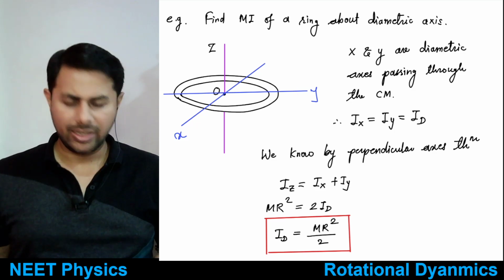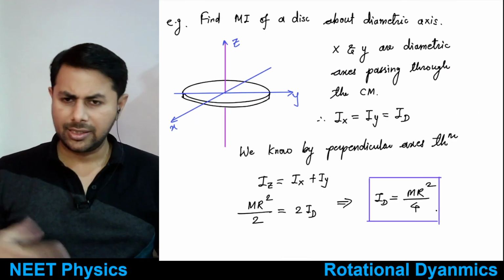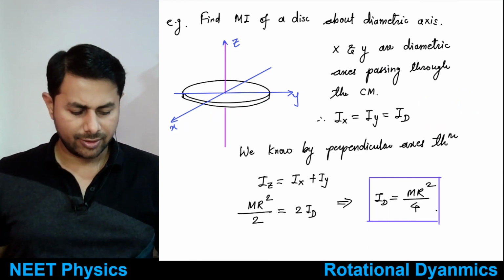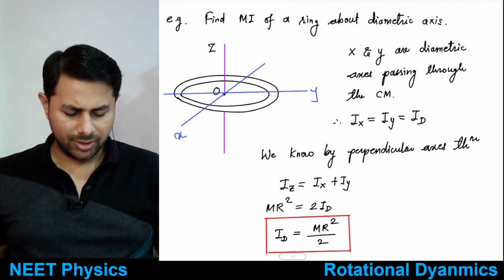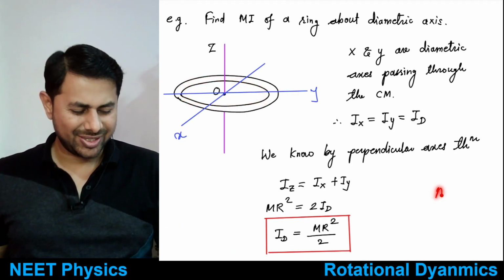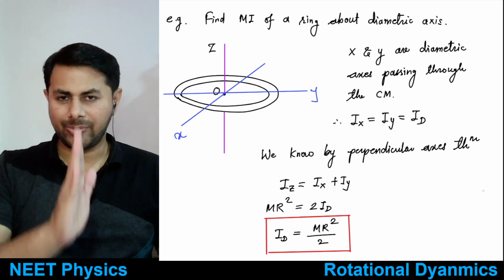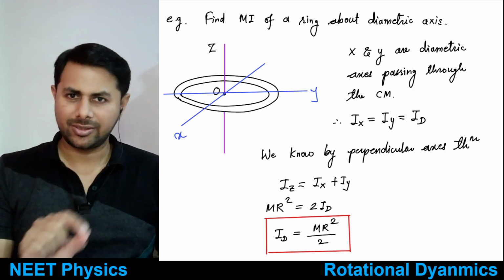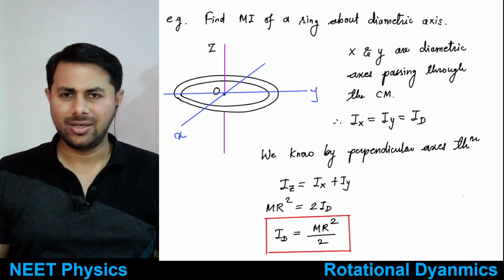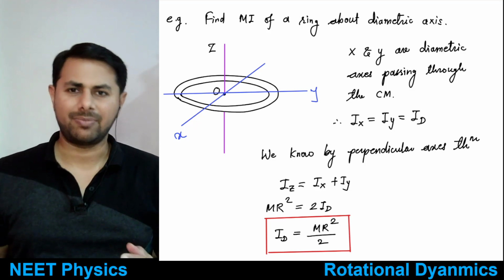Okay, so this is how we apply the perpendicular axis theorem. Here you can just say that it becomes half. If the moment of inertia about a perpendicular axis, passing through the center and perpendicular to the plane of the body, is MR squared, then the moment of inertia about a diametric axis becomes just half.